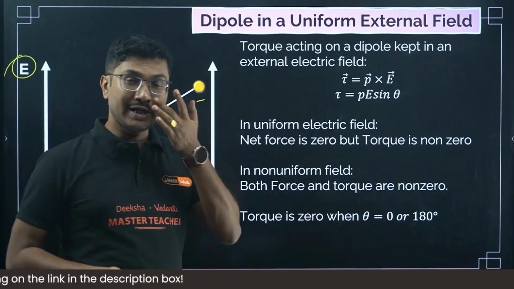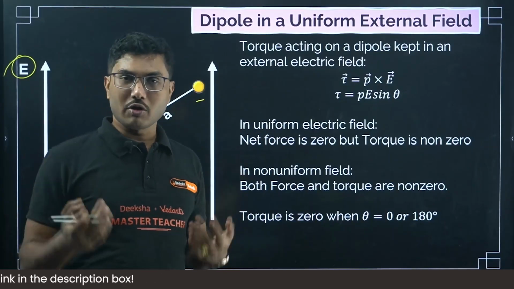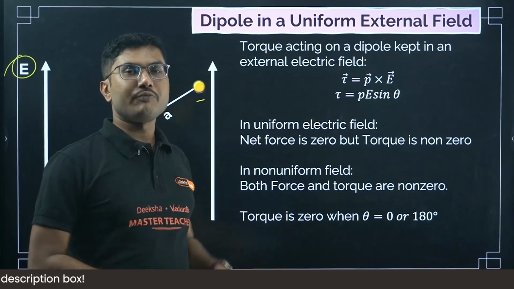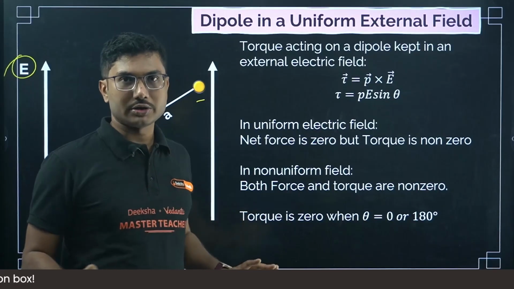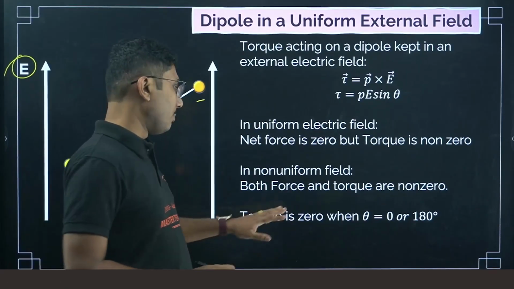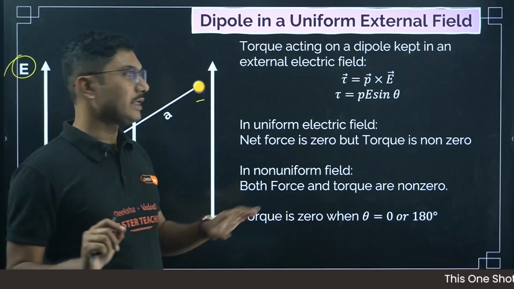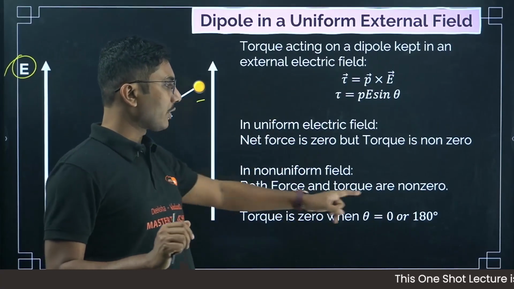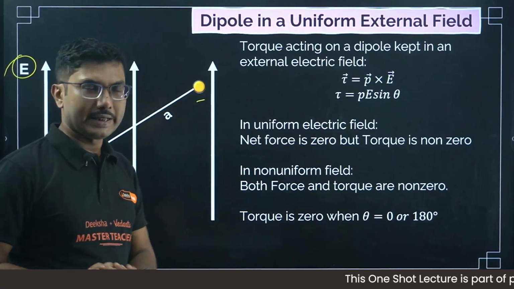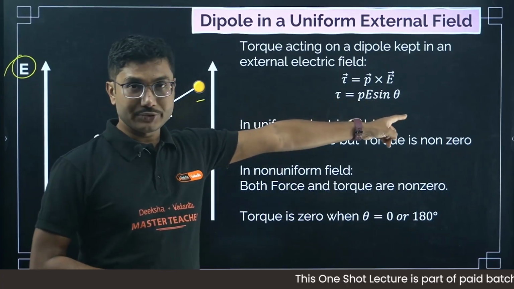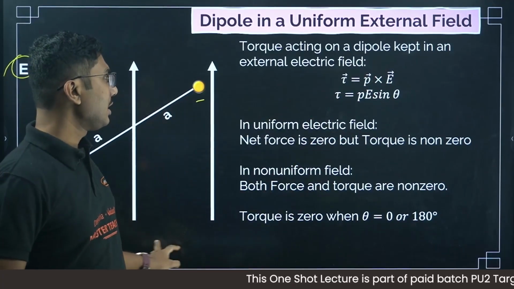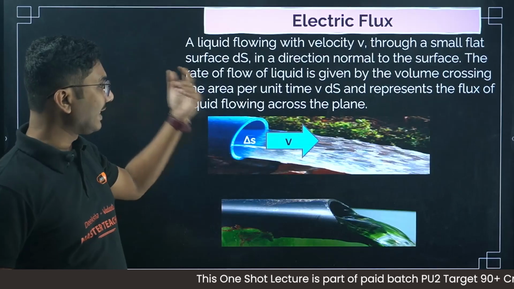So for a uniform field, force is 0, torque is not 0. In a non-uniform field, both force and torque are not 0. But the torque can be 0 at some specific points for both cases. When theta is 0 or 180 degrees, sin theta becomes 0, so that's why torque becomes 0.